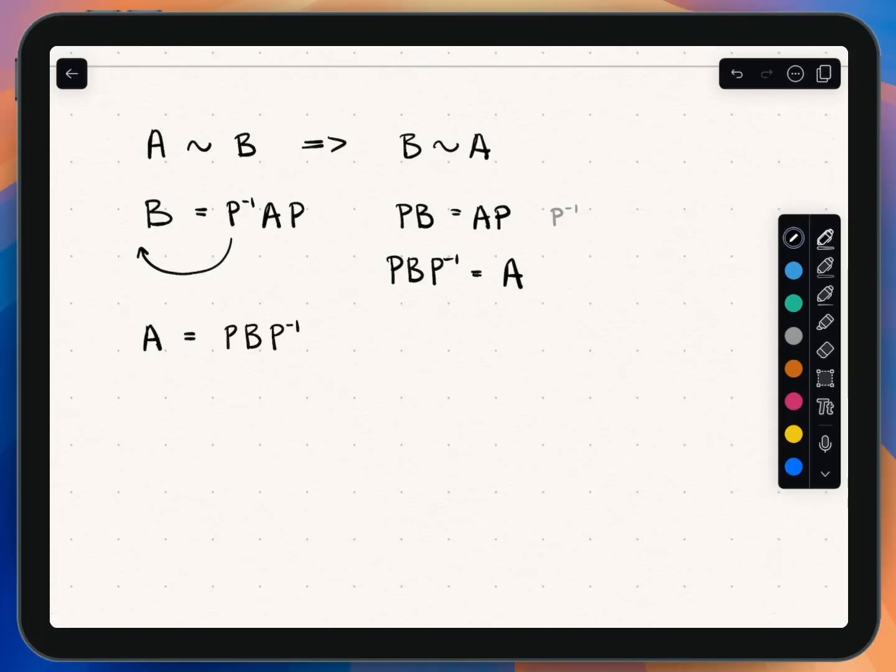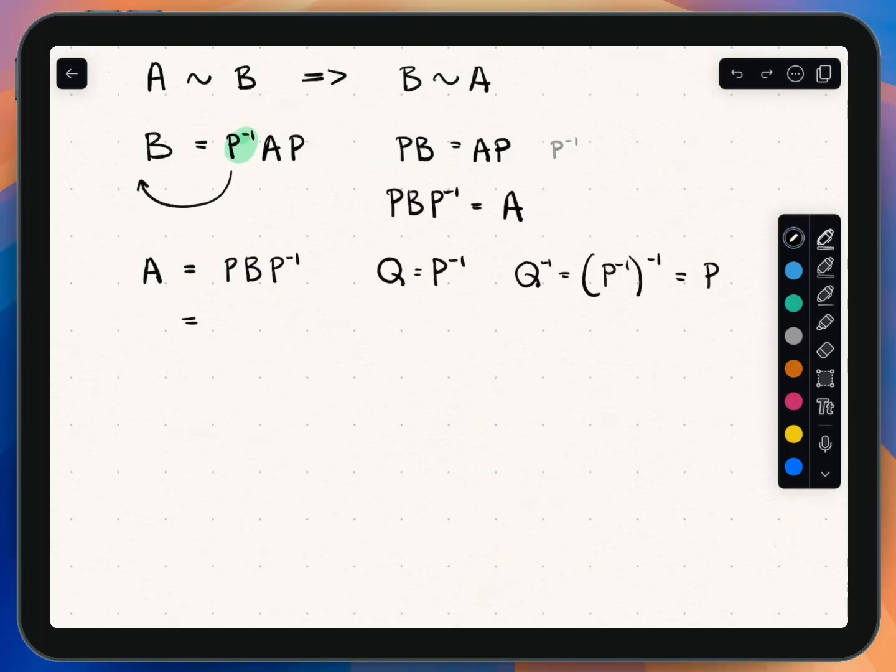And it's not quite what we had here, because we started with P inverse. But I can just define a new matrix. I'm just going to say, okay, Q is going to be P inverse. And that means that Q inverse is going to be equal to P inverse inverse, which, if you take the inverse two times, is just going to be P. And then I can write P, which is Q inverse, right here.